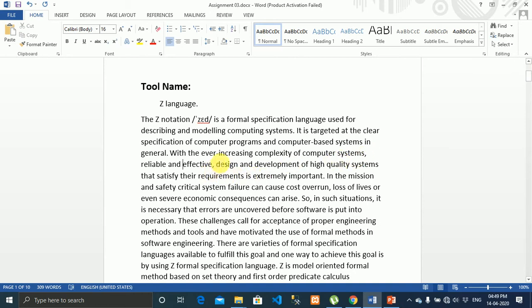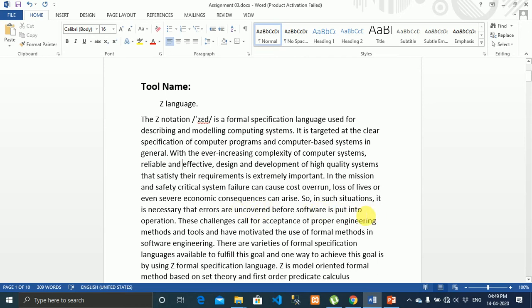With the ever increasing complexity of computer systems, reliable and effective design and development of a high quality system that satisfies its requirements is extremely important. In a mission or safety critical system, a failure can cause cost or schedule overrun, loss of lives, or even severe economic consequences.